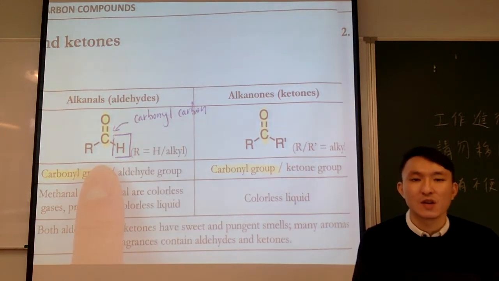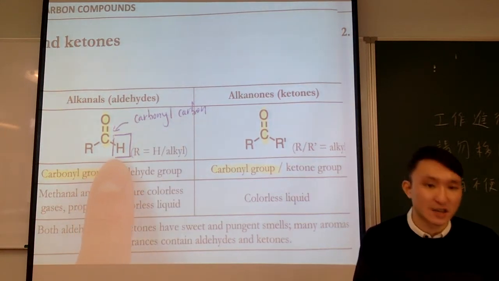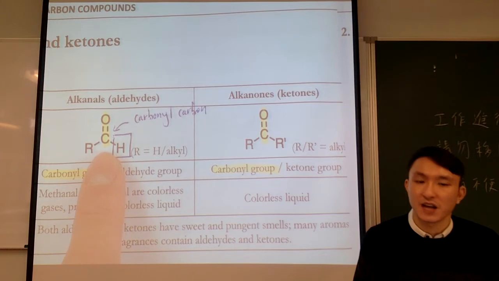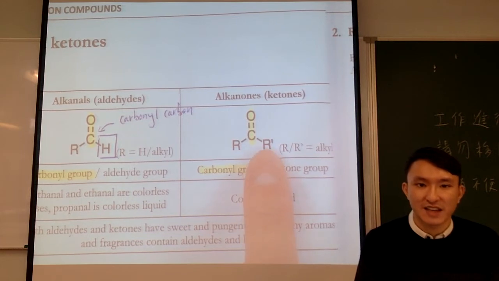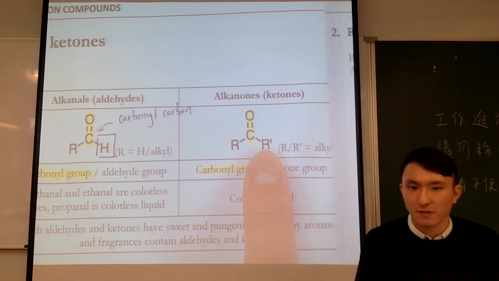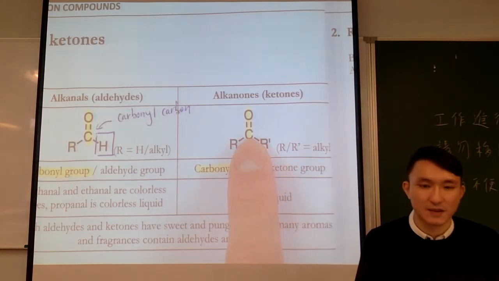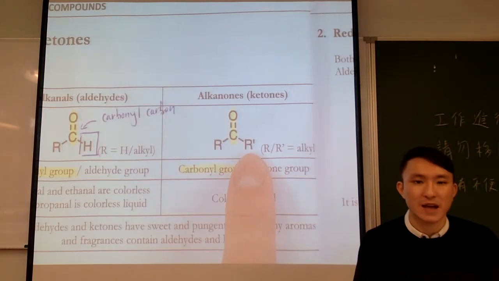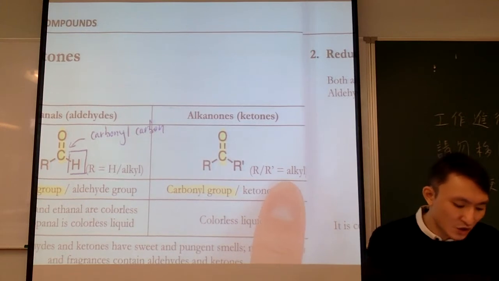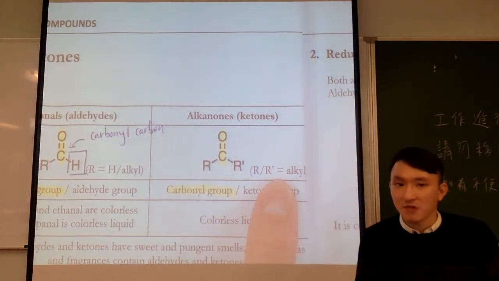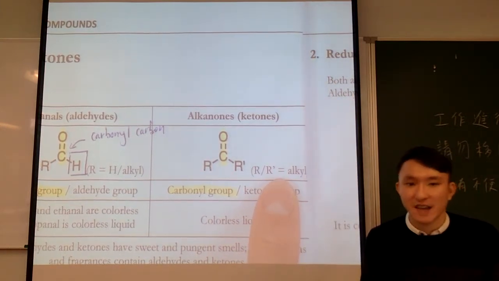So for aldehyde there is a hydrogen atom attached to the carbonyl carbon. For ketone, on the other hand, it has an alkyl group attached to the carbon. This R group represents an alkyl group, so it could be a methyl group, ethyl group, something like that.